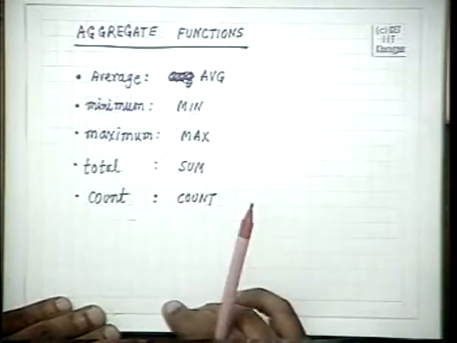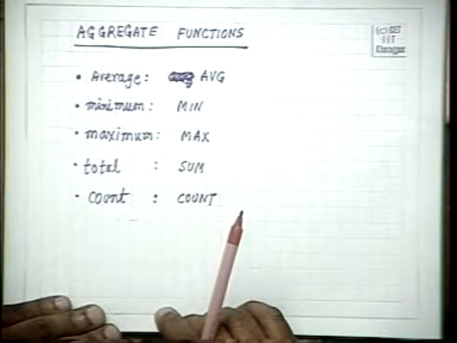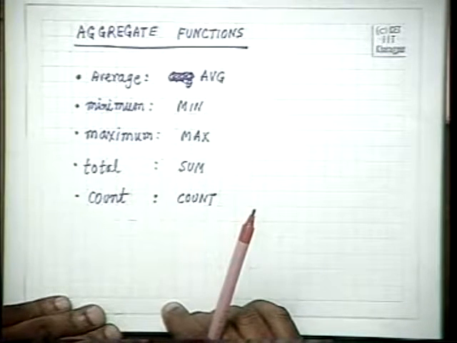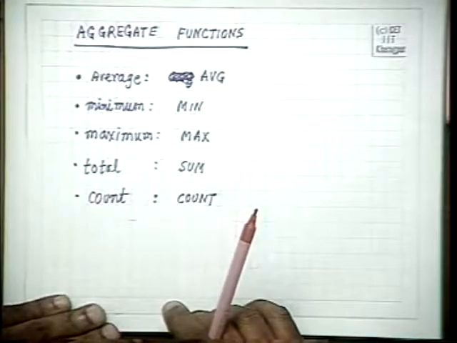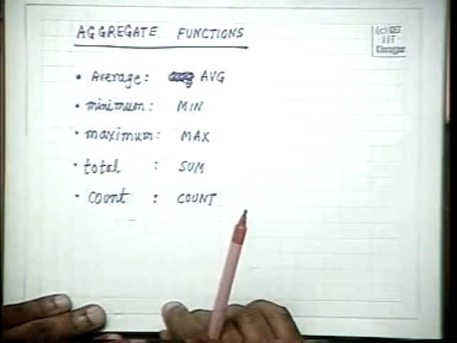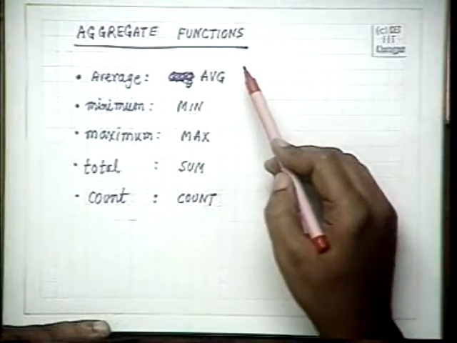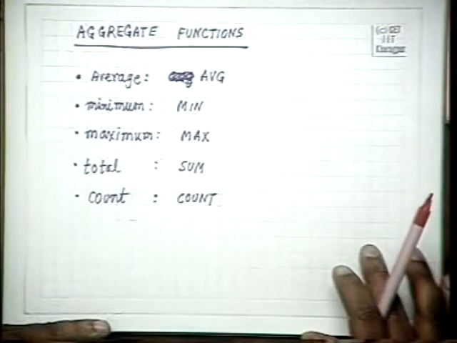Normally relational algebra or relational calculus does not provide you functions for computing minimum, maximum, sum, total, but in any practical situation these functions are extremely useful and often are used more frequently than all other functions. And SQL provides you a number of such aggregating functions.